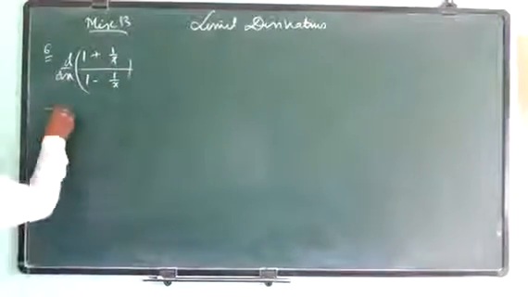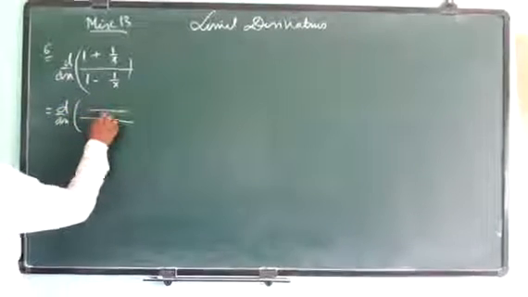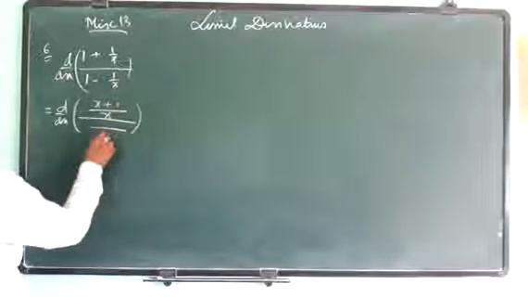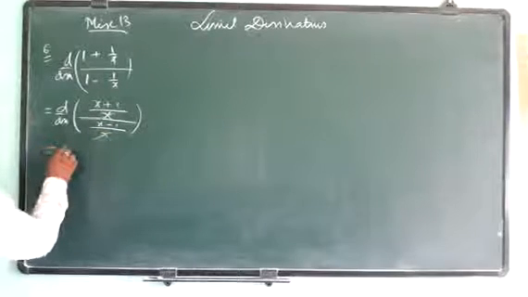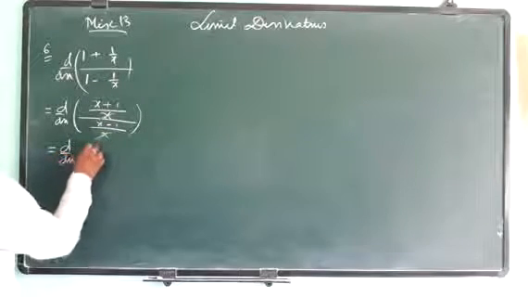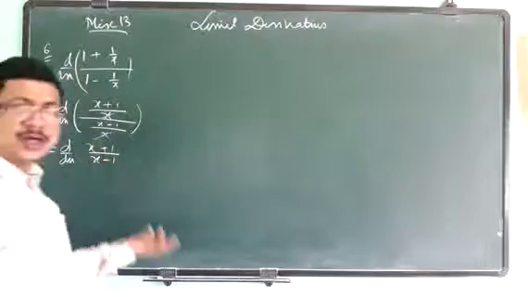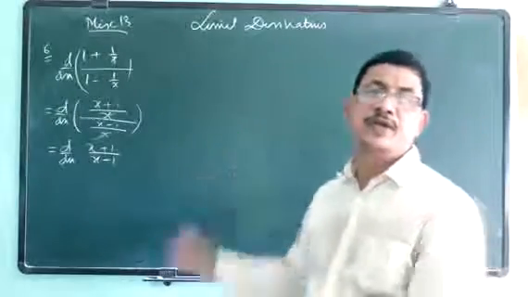So I am going to do a little simplification. If you take LCM x, it is x plus 1 here and x minus 1 there, this x cancels. Now d/dx of (x plus 1) by (x minus 1).